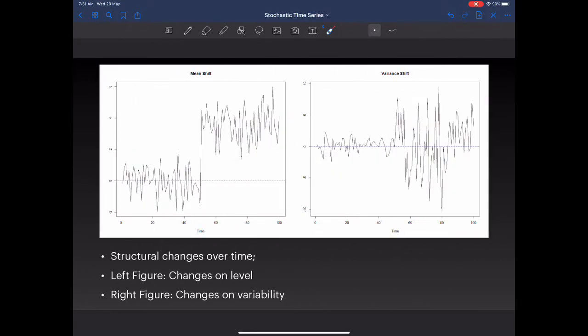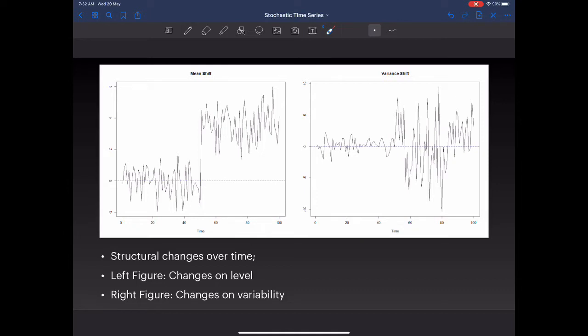I have these two figures here to represent some examples of non-stationary series. Based on this graph on my left, there are actually changes in level over time.